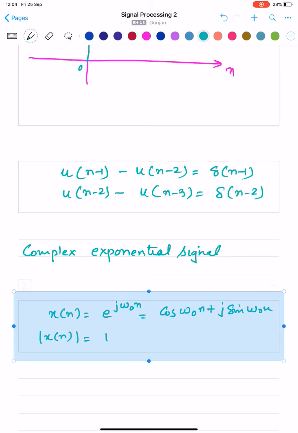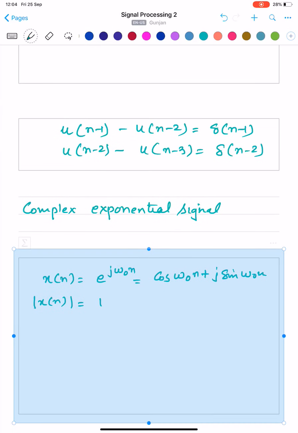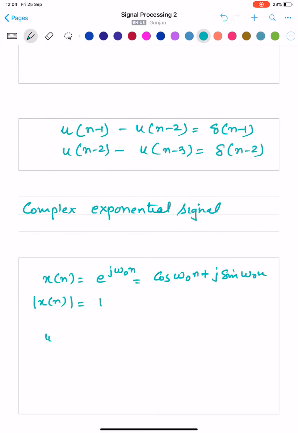And omega naught is its frequency. So omega naught is equal to 2 pi upon N naught, where N naught is the time period of the signal.